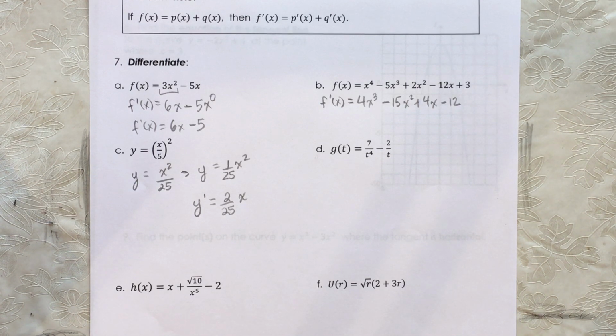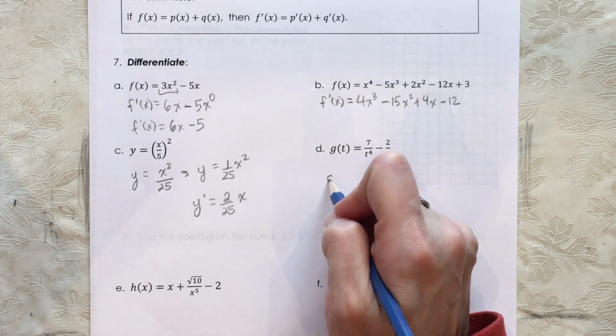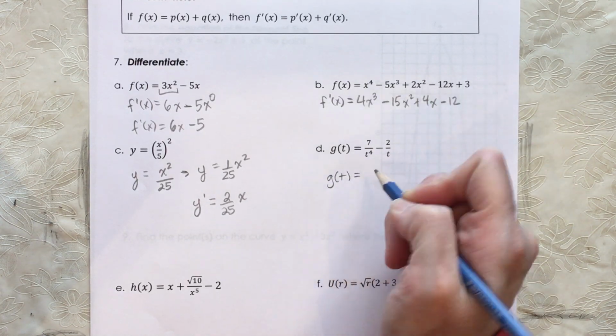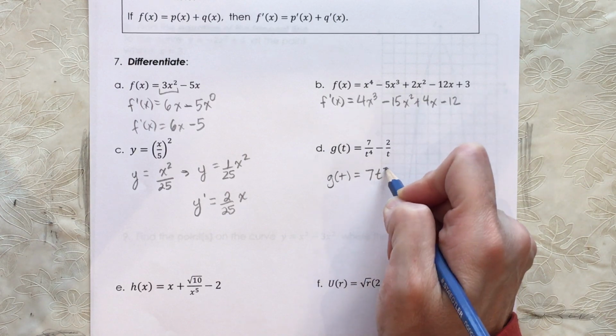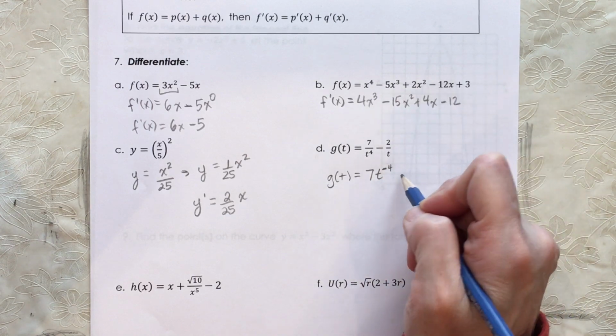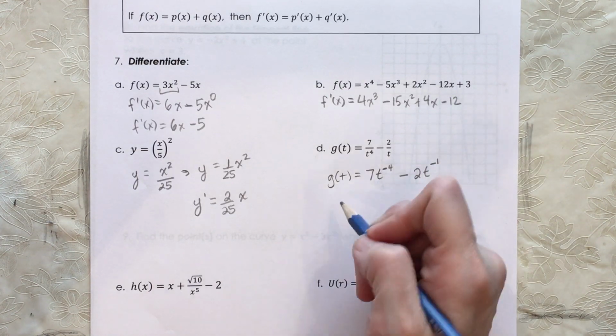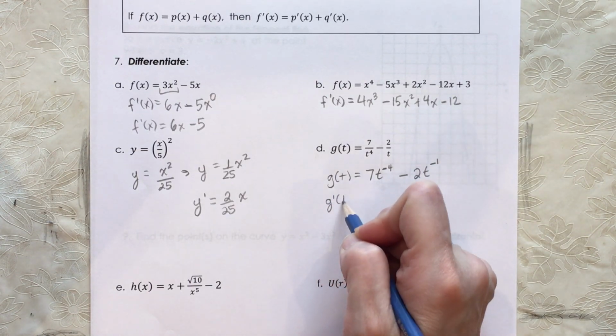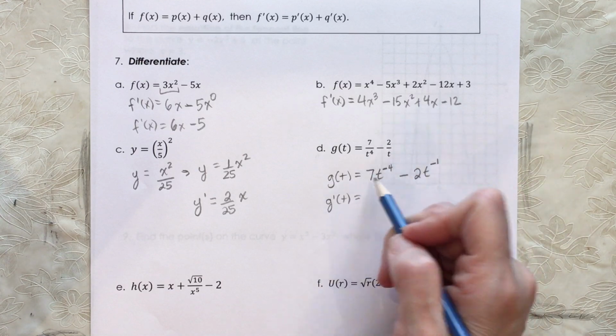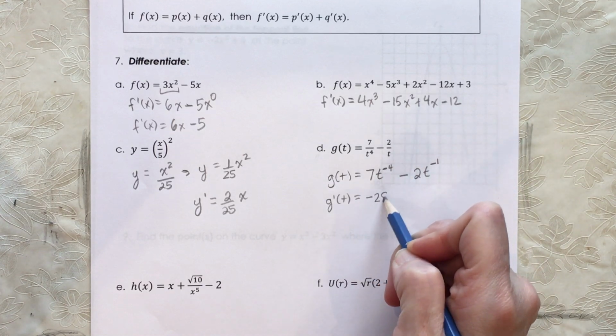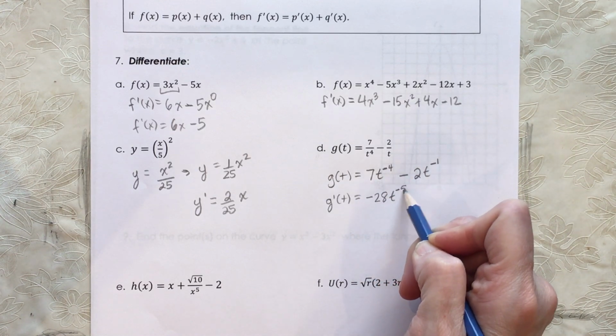Next one, g of t is not in the form of a power function right now, neither one. So we want to first rewrite g of t. So g of t we could write as 7t to the negative 4 minus 2t to the negative 1. And now we can find g prime of t. So negative 4 times 7 is negative 28t to the negative 5.